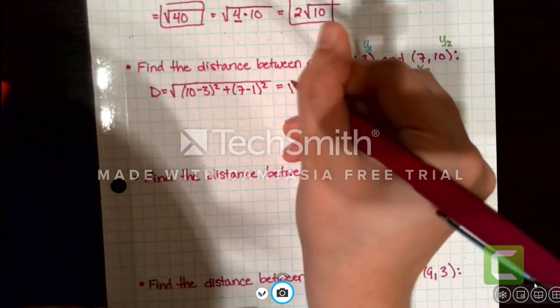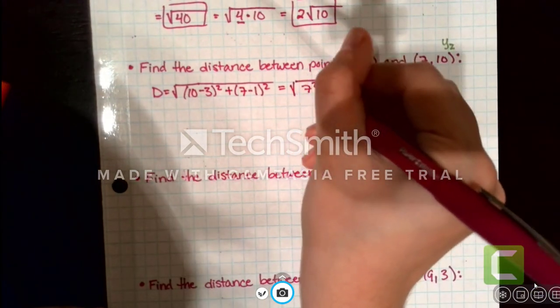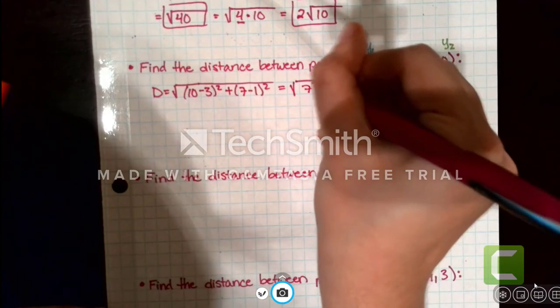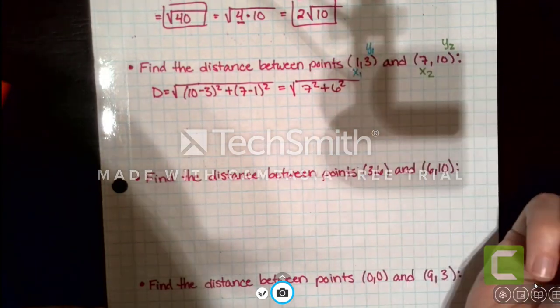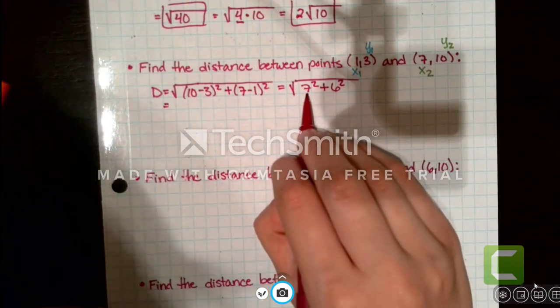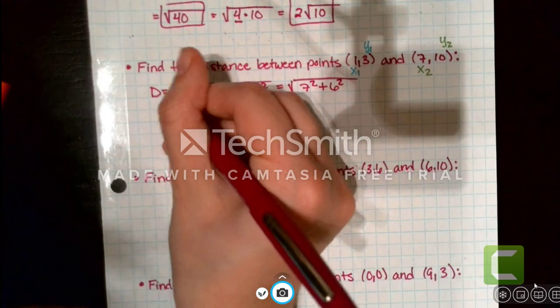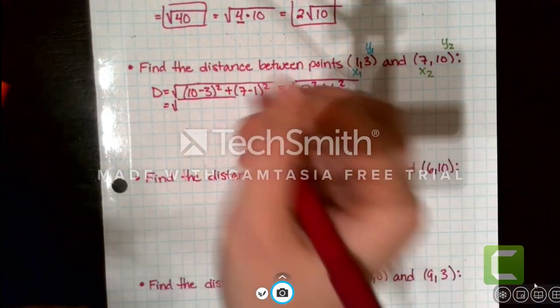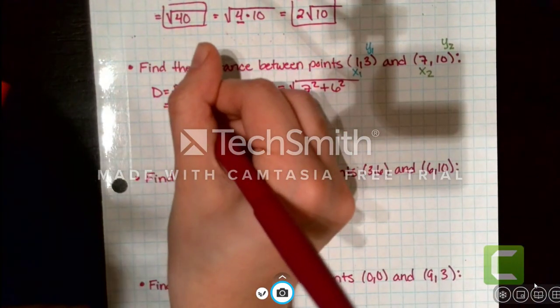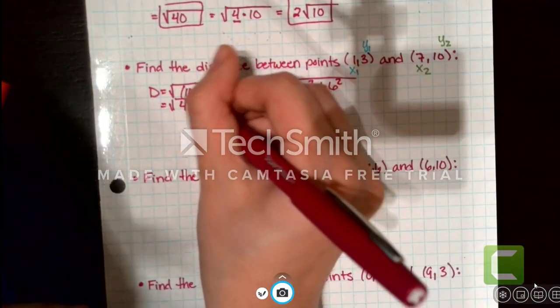Solving algebraically in the parentheses, you should have a value of 7 squared plus 6 squared. And again, just like above, we're going to square the 7 and the 6. So under your square root, you should have a value of 7 times 7, which is 49, plus 6 times 6, which is 36.